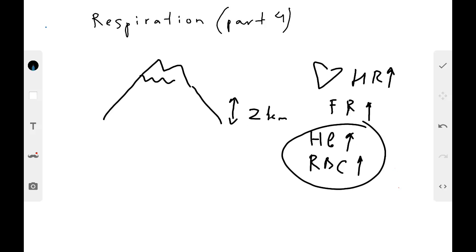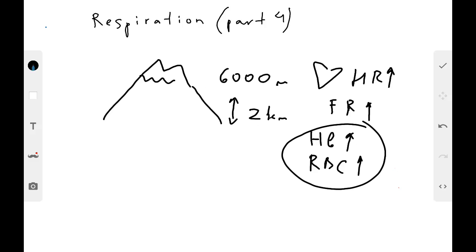Erythropoietin is produced in kidneys, and it takes a few weeks to increase the hemoglobin level and red blood cell level in blood. But after several weeks, a person will adapt and feels much better at the same altitude. It may be up to 6,000 meters and even 7,000 meters.